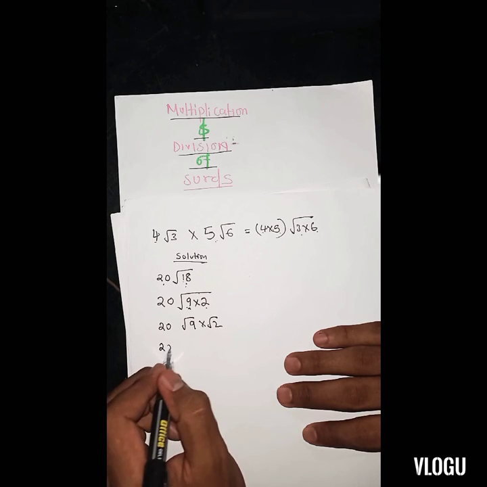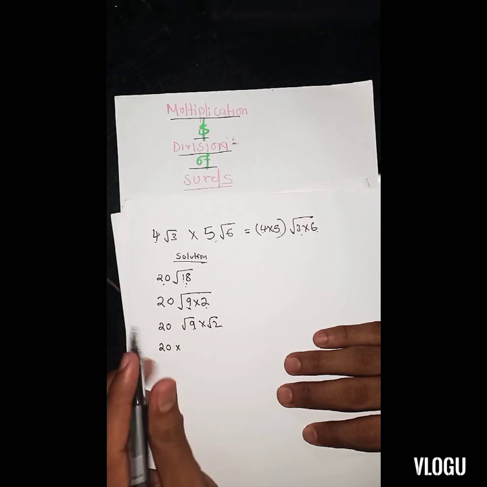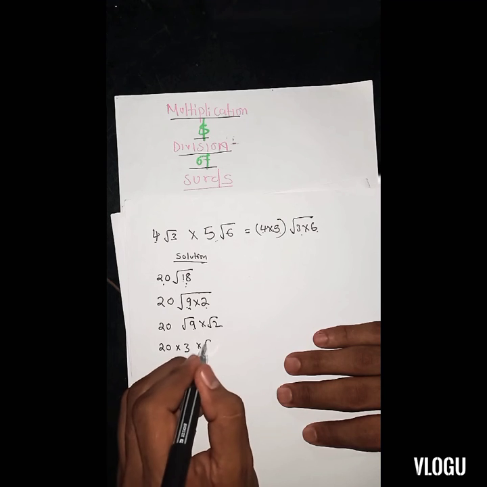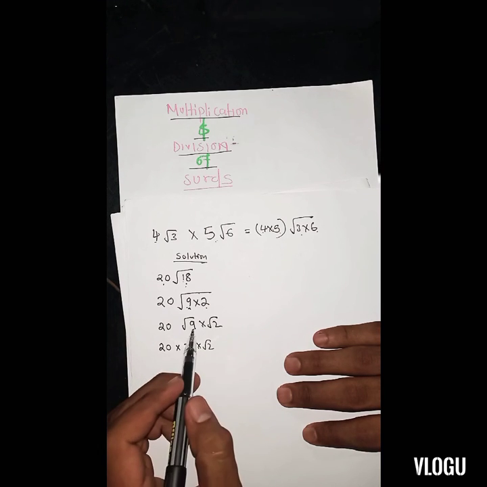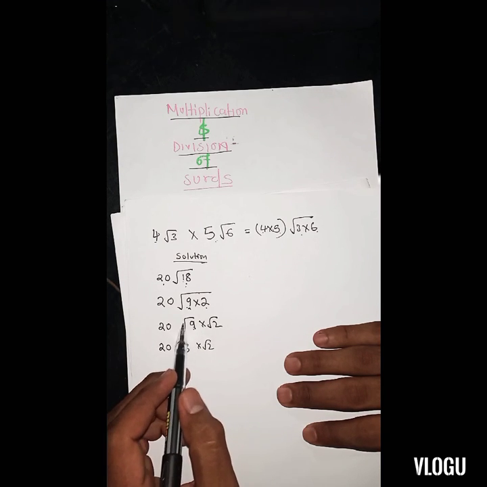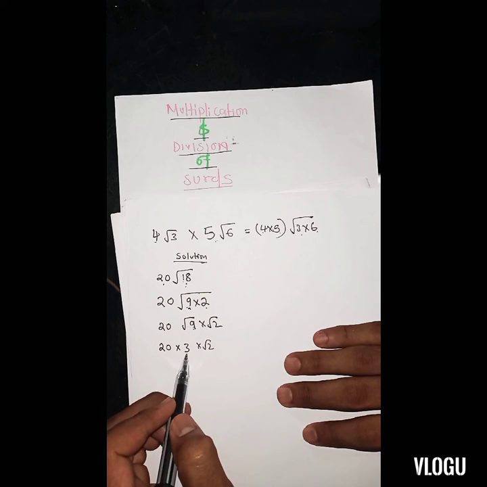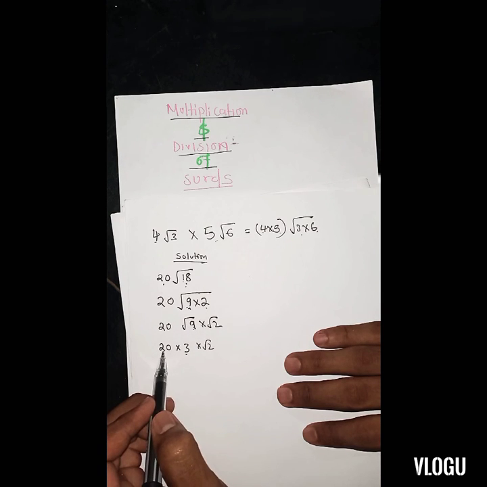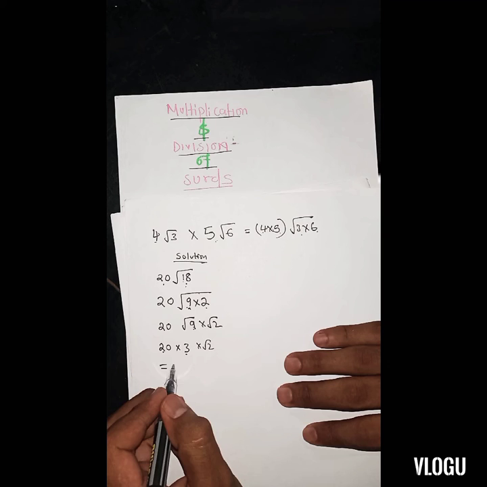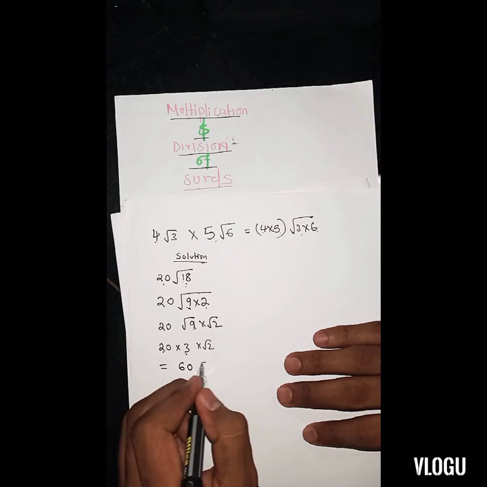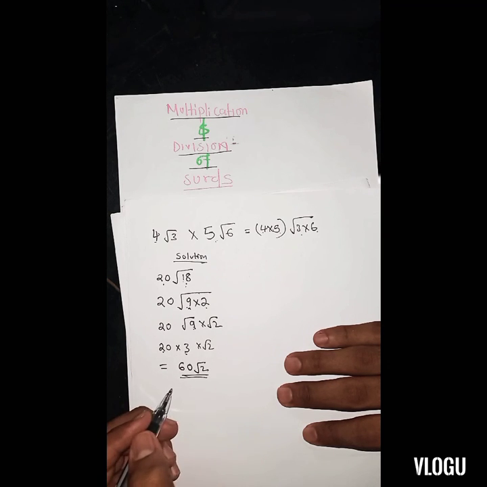Root of 9 is 3, so we have 20 times 3 times root of 2. Since we have removed 9 out of the root sign to become a whole number, you multiply with 20. So you'll end up with 20 times 3, 60 root 2.